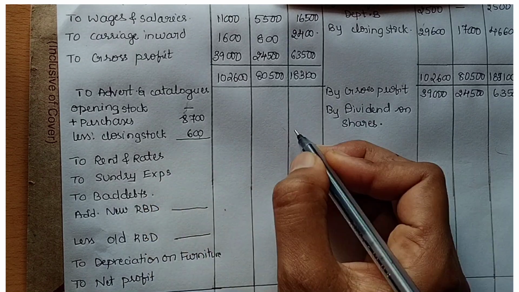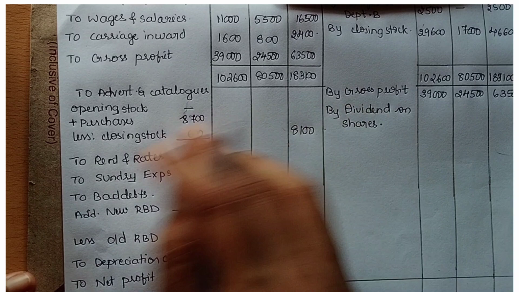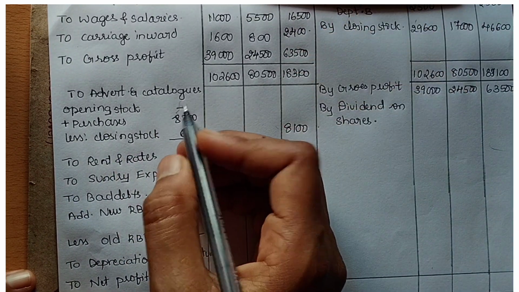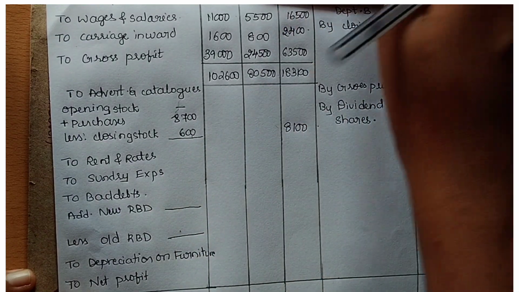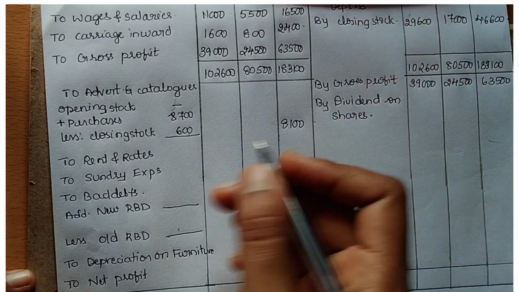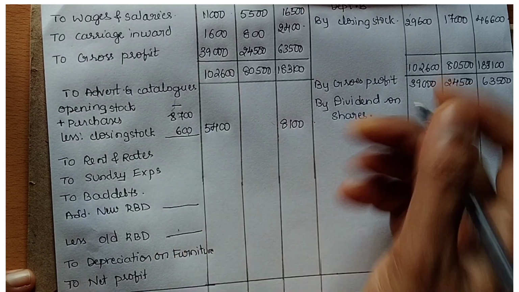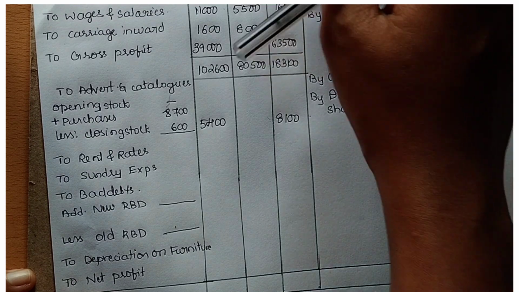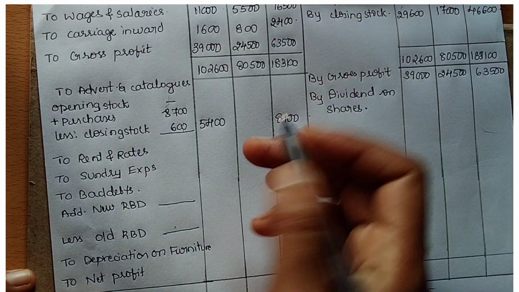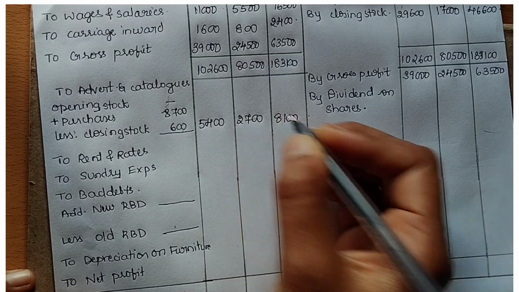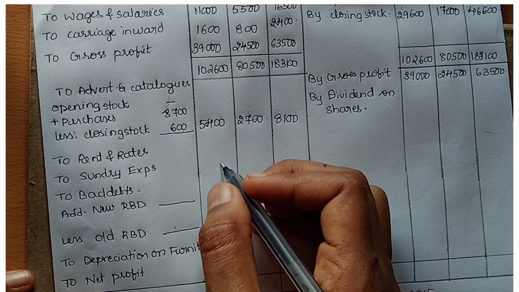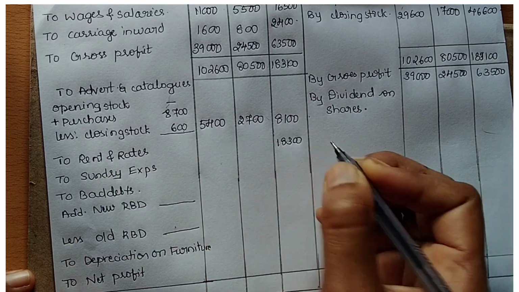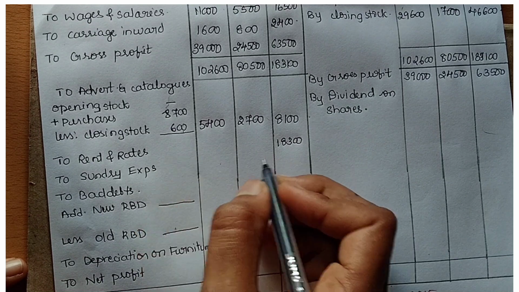So deduct this, you will get 8,100 and distribute this in the 2:1 ratio. 8,100 into 2 by 3, 5,400. 8,100 into 1 by 3, 2,700. Next, rent and rates. What is the rent and rates you got? 18,300. Right? 18,300 here. Divide it again.